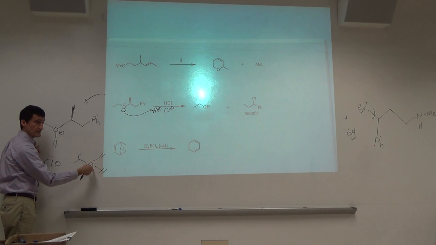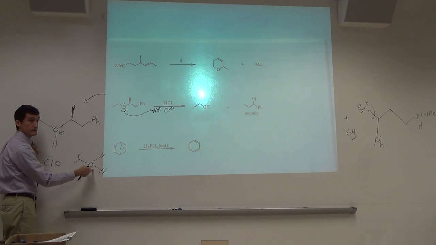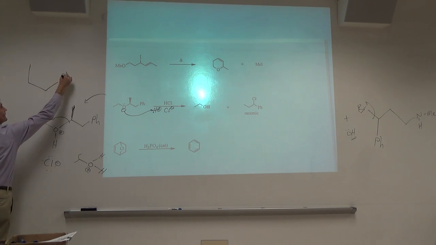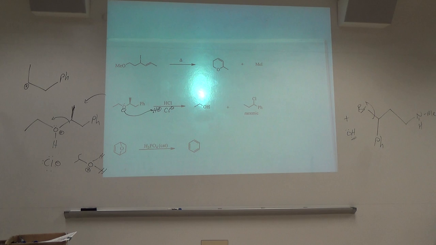We make this oxygen a better leaving group by making it positive. That oxygen's a good leaving group, it's positive. This can just ionize off. If it does, what does that give? It gives this cation plus, see now the oxygen gets its lone pair back. It leaves as a neutral species.